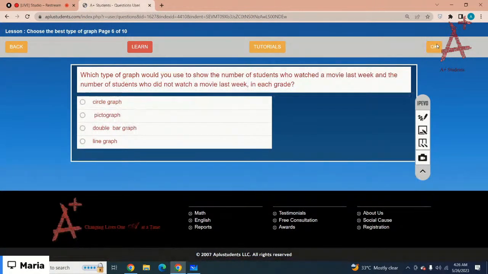Which type of graph would you use to show the number of students who watched a movie last week and the number of students who did not watch a movie last week in each grade?